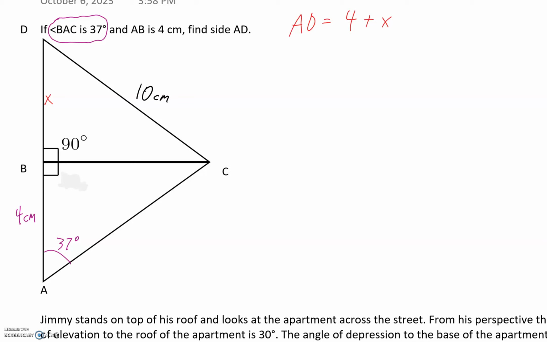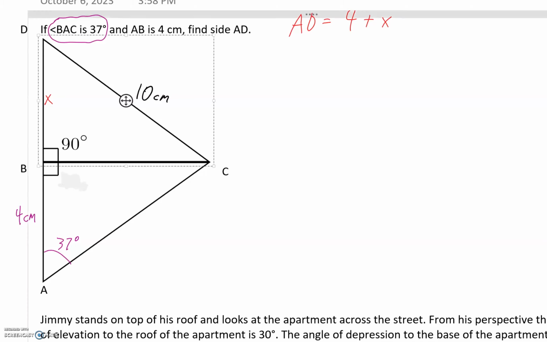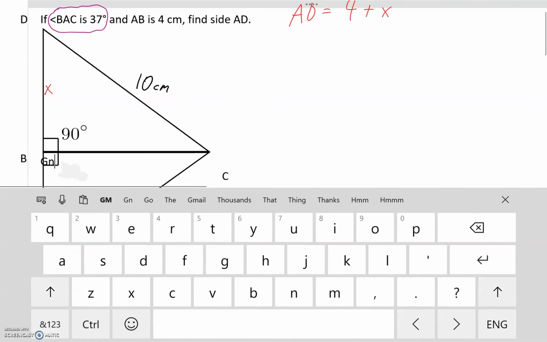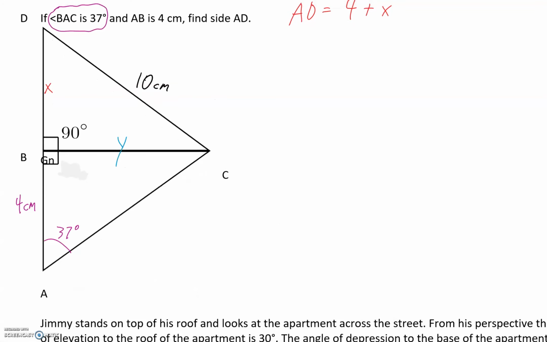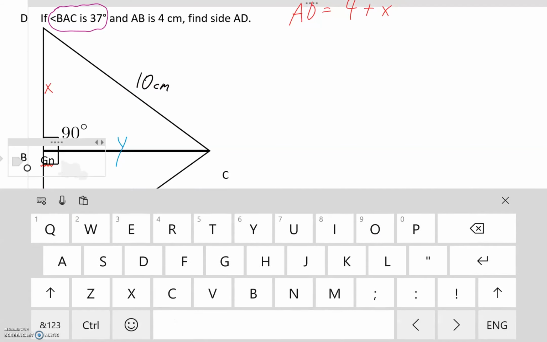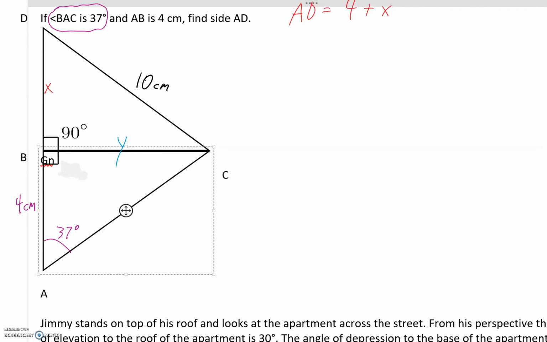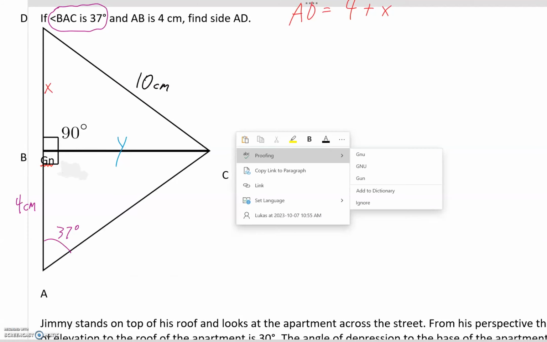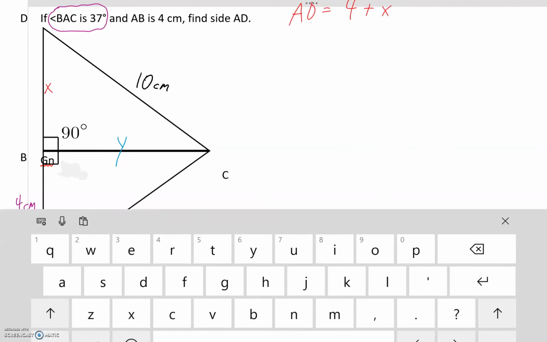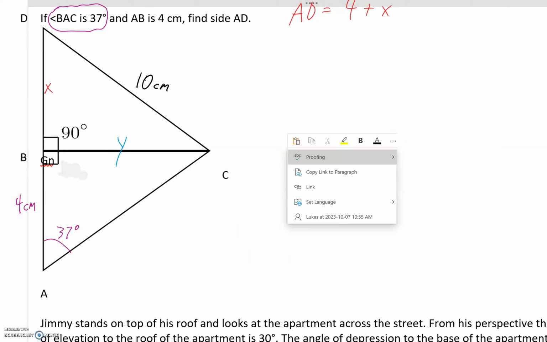So how are we going to find the x? Well, right now we still can't in that triangle, but what if we had the side y here? What if we had that side? Then we would be able to.